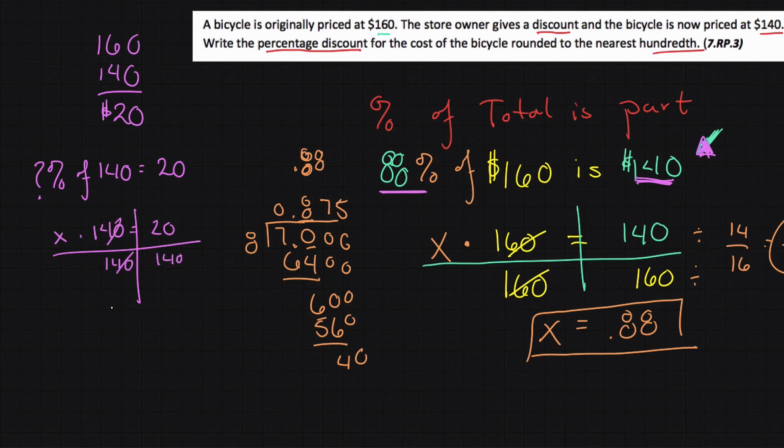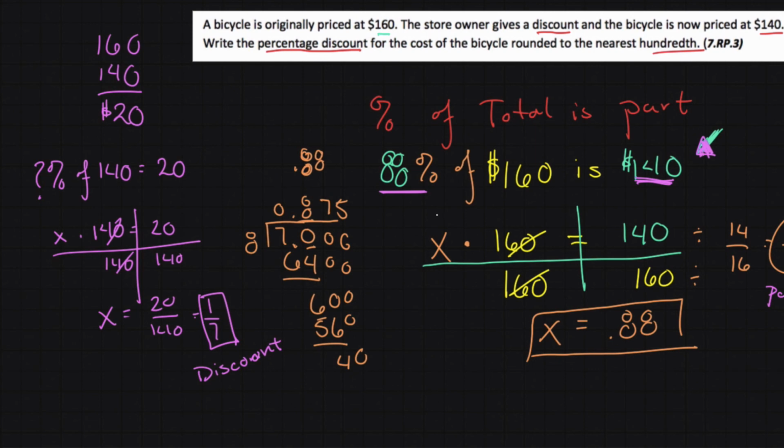Boom, boom, ending up with x equals 20 over 140. And then simplifying that, I would have gotten 1 out of 7, 1/7, and I would have gotten the same amount. See, look here. This is 1/7. This was the discount, and this was the paid 7/8, right?